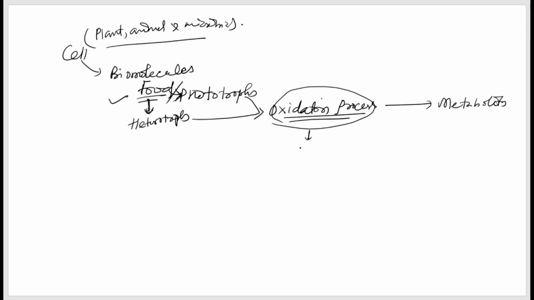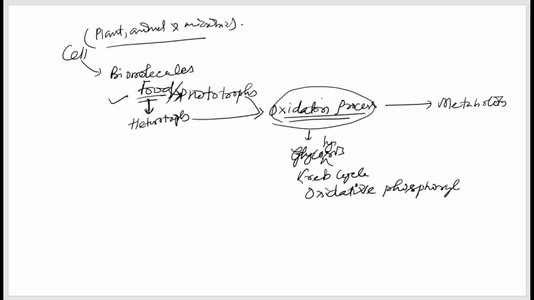In the oxidation process, taking examples, there is glycolysis, Krebs cycle, oxidative phosphorylation, ETC, and the urea cycle, which happens in humans. Beta oxidation of lipid molecules is also happening, and we'll study this one.